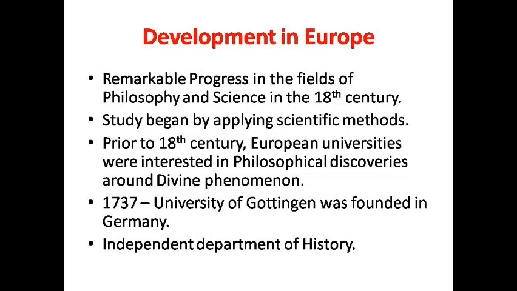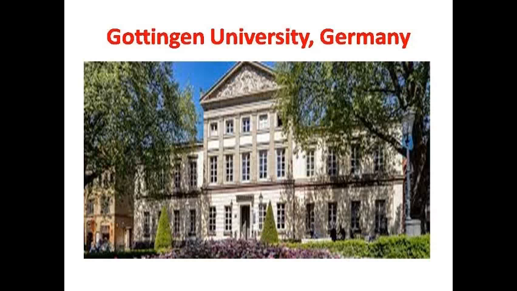Nobody paid attention to history before. But in 1737, the University of Göttingen was the first university in Germany to found an independent department of history. And so history thereafter started developing, right? This is a picture of Göttingen University of Germany.